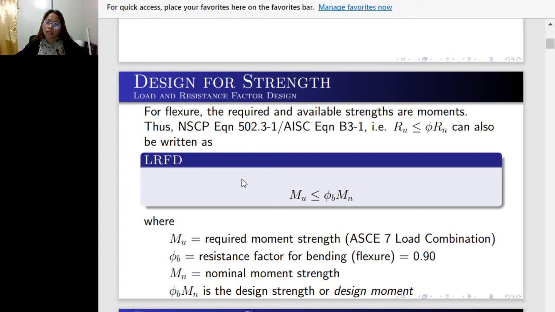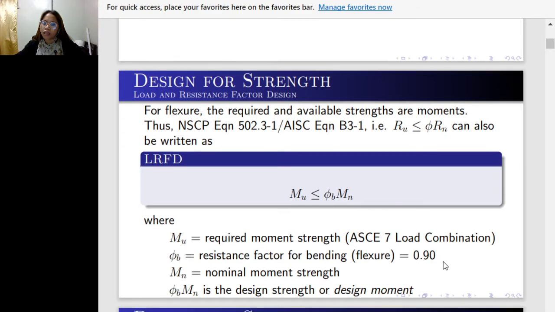It can also be written in terms of moment: the required moment strength, or from the ASCE 7 load combination, should be less than or equal to the resistance factor for bending times the nominal moment strength. For flexure, the resistance factor for bending is equal to 0.9.